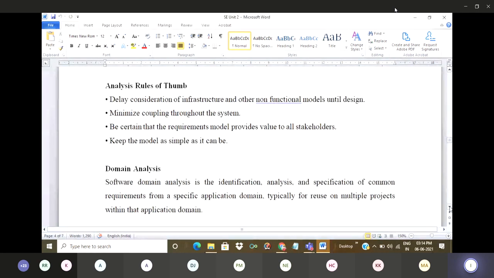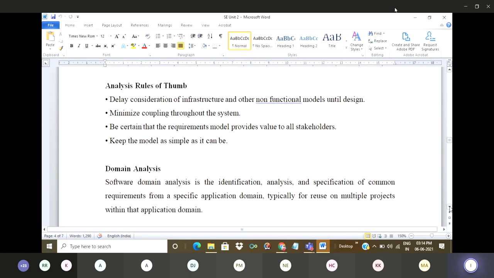Analysis rules of thumb. Delay consideration of infrastructure and other non-functional models until design, which is used to minimize coupling throughout the system. And have a requirements model that provides value to all stakeholders.